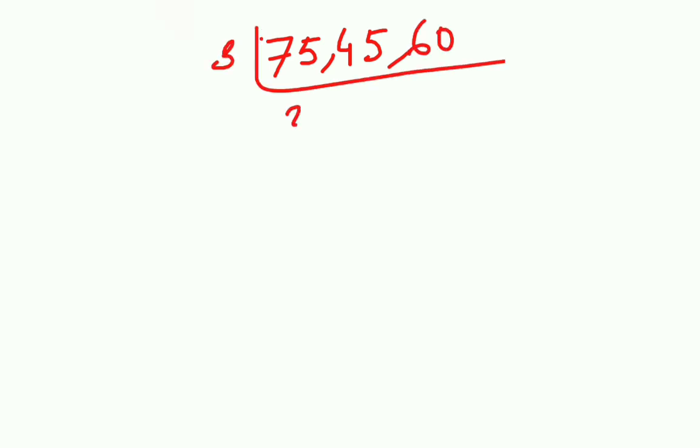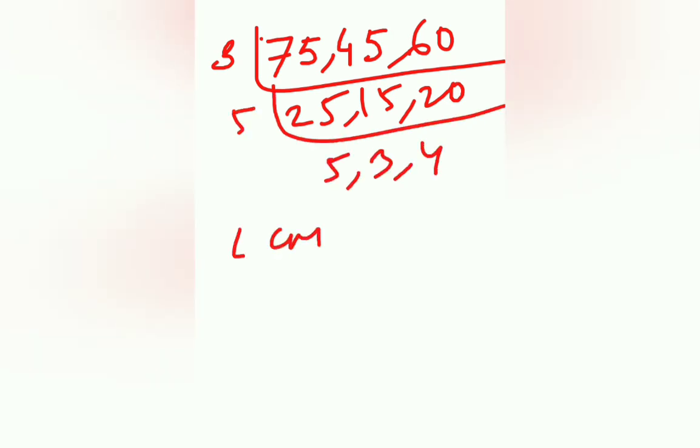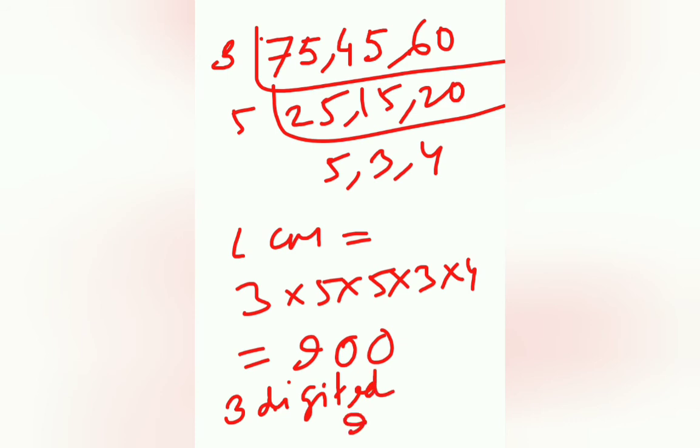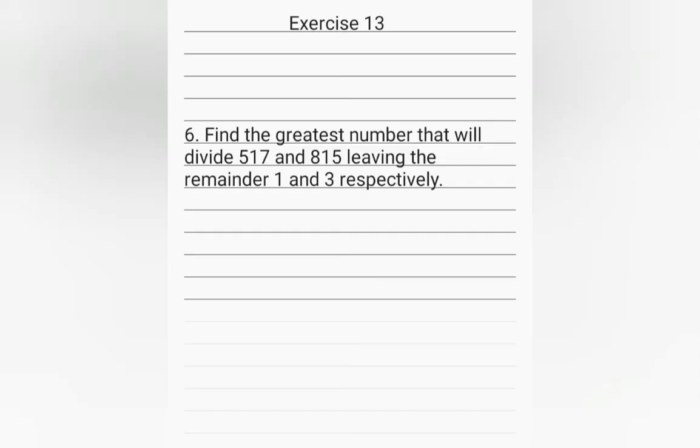I am going with the division method of LCM. The answer is 900 because it is a 3-digit number. If it was not a 3-digit number, then you would have to multiply 900 by 2 or by 3 to get the 3-digit number. The answer is 900.